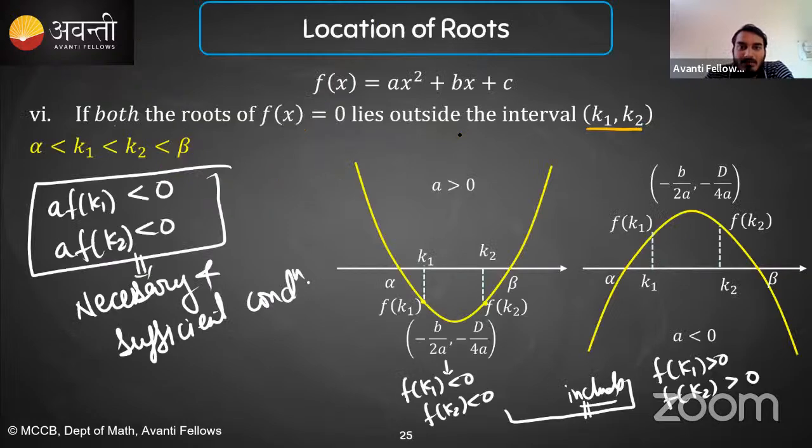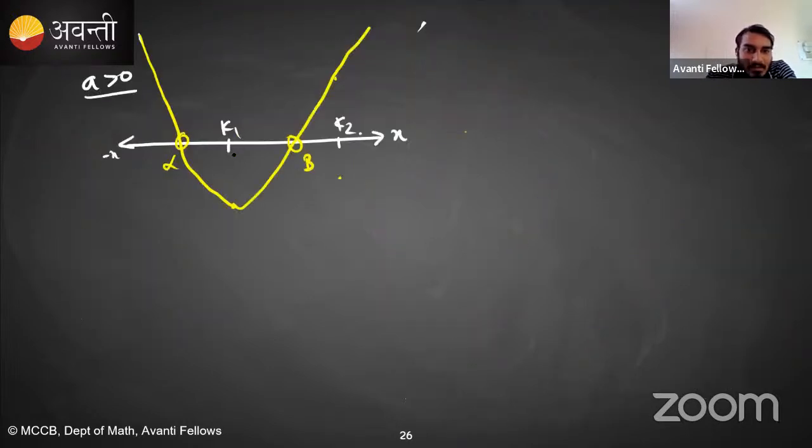Everyone pay attention that your alpha and beta is not contained in this interval k1 and k2, k1 से k2 is not containing your alpha and beta. और alpha to beta जो इंटरवल है, अल्फा टू बीटा इंटरवल में k1 k2 अंदर आ ही नहीं रहा है, k2 तो बाहर है.